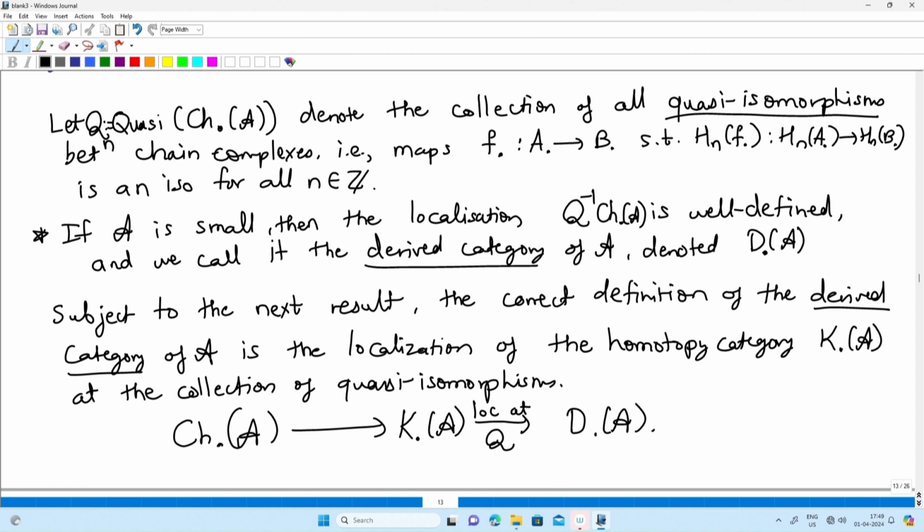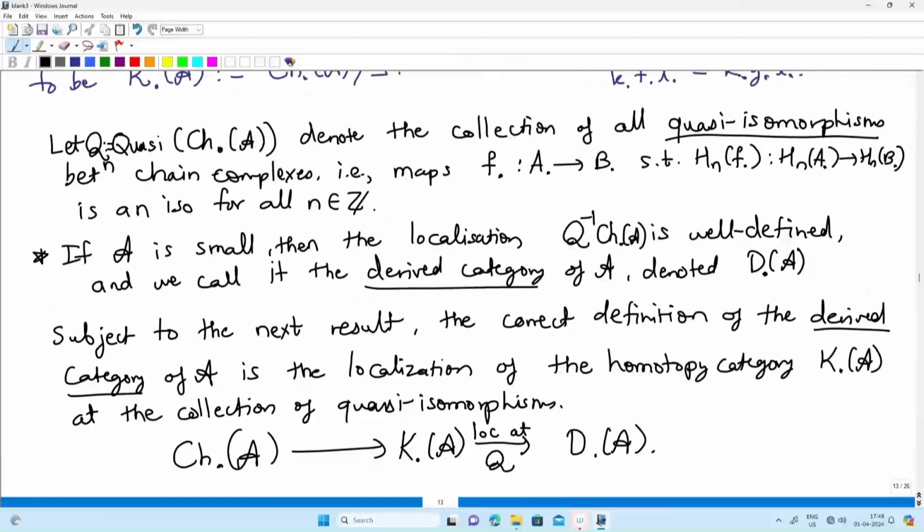Okay, so there is only one missing point here, subject to the next result, and I haven't stated the next result yet. That next result is the property very commonly known as: homology is homotopy invariant. Okay, so homology is homotopy invariant.